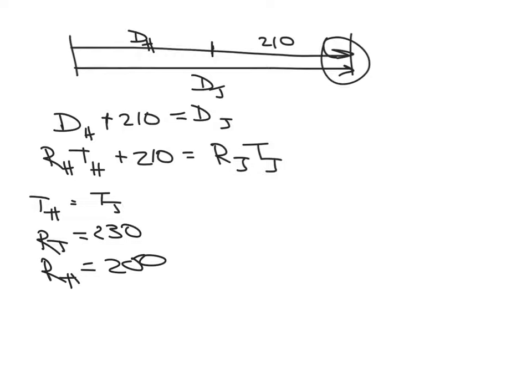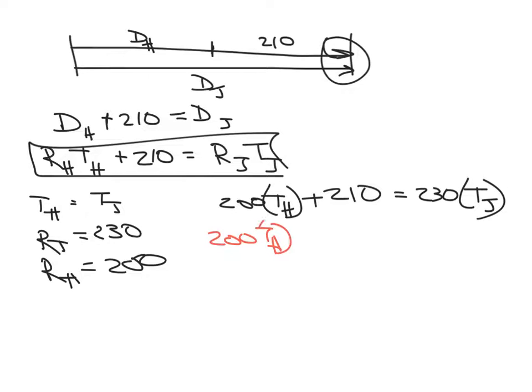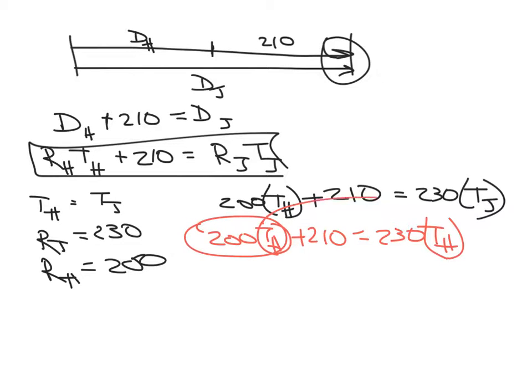So we've got the rate of Harry times the time of Harry plus 210, I'm taking it off this one, equals the rate of Janae times the time of Janae. And again, since the times are the same, I'm just going to make it the time of Harry, just so I have one variable. Alright, and let's move this over here.